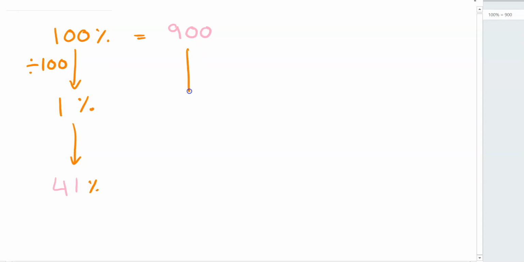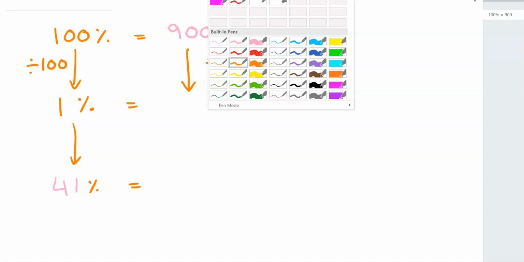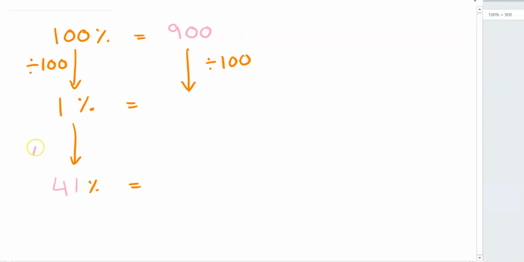We do it this side too, so this will also stay the same. Then the calculation here will change: times 41, because to turn a 1 into a 41 you times by 41.